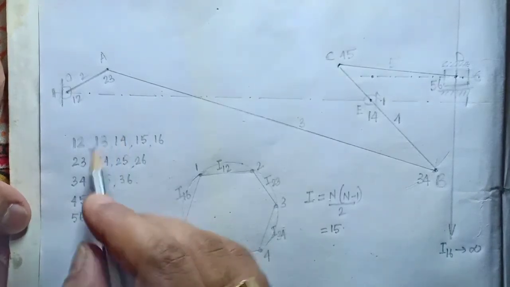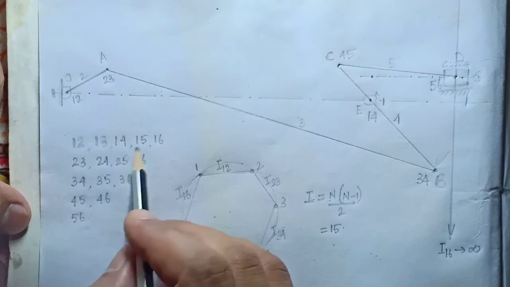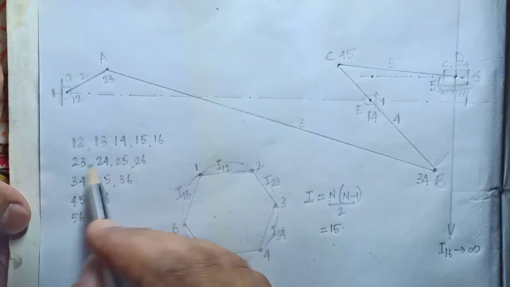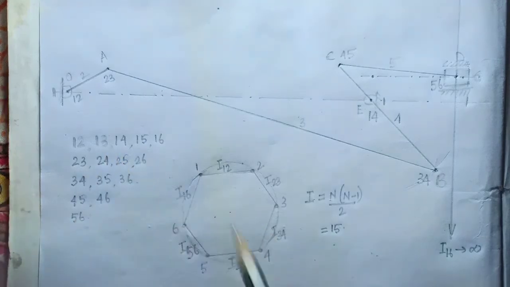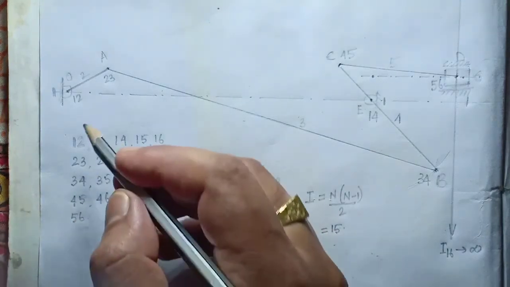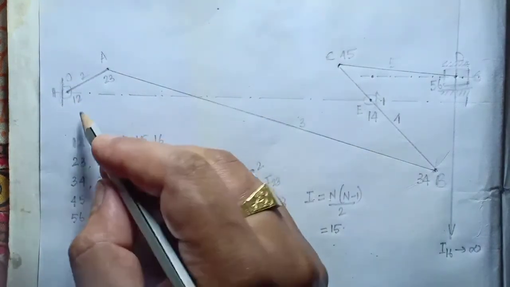After counting you will have 15 instantaneous centers: 5 plus 4 plus 3 plus 2 plus 1 combine to 15.